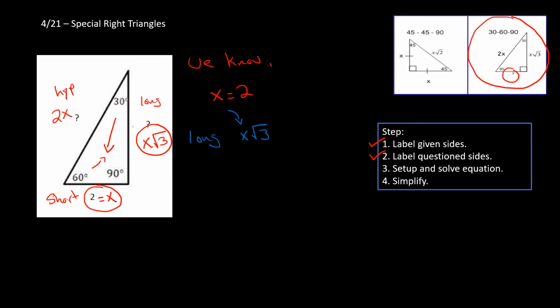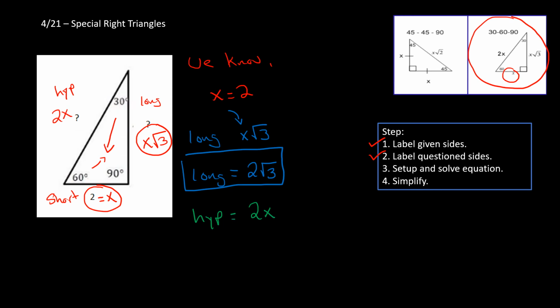Yeah, x is 2. So our long would be equal to 2 square root of 3. So we solved for that side there. Very simply, if you know the short side, you can just plug that value in for x and you get the long side. Well, to get the hypotenuse, our hypotenuse would be 2x.